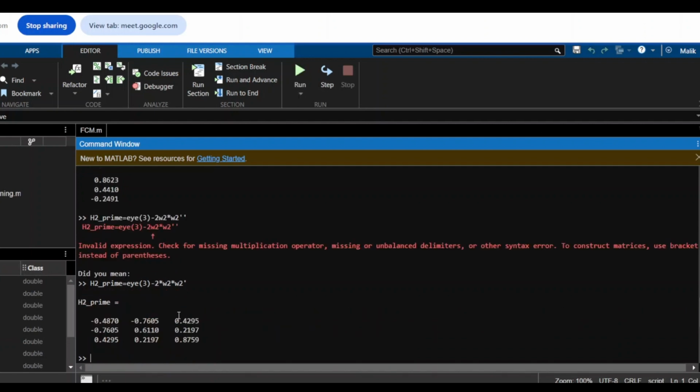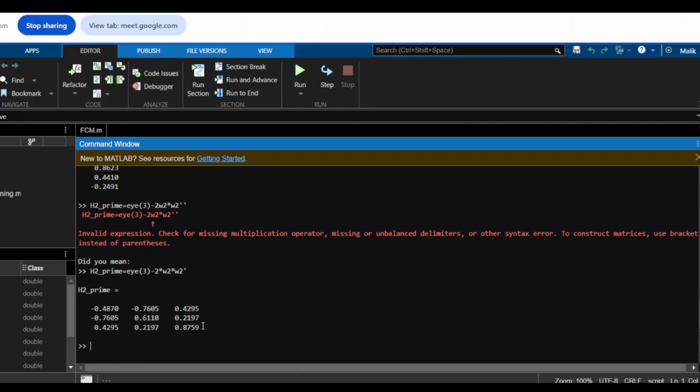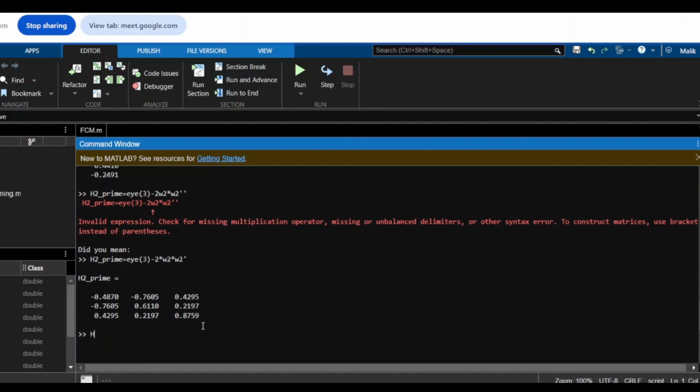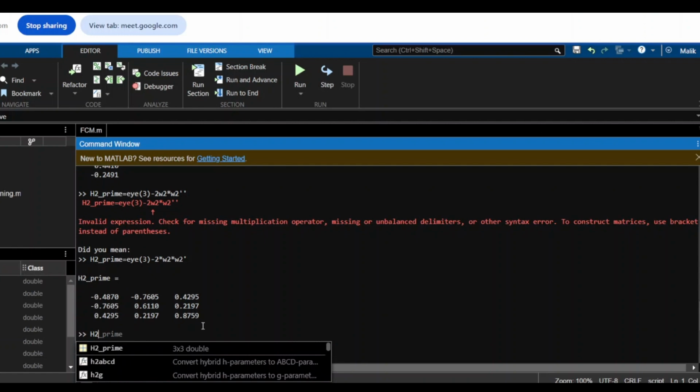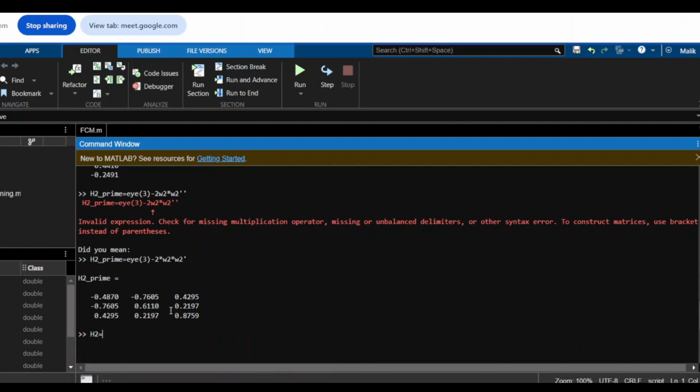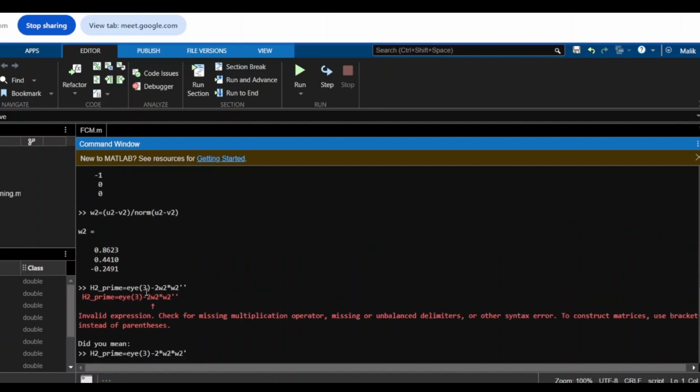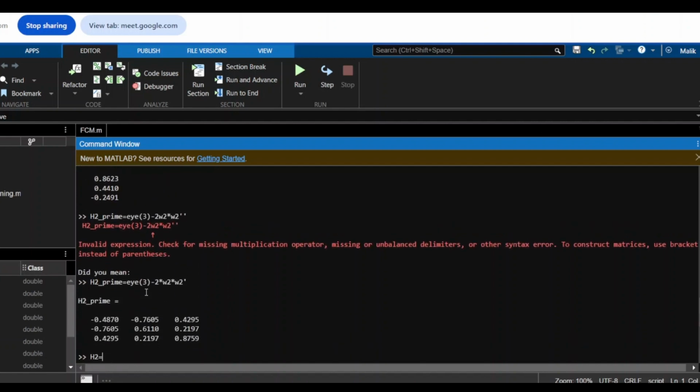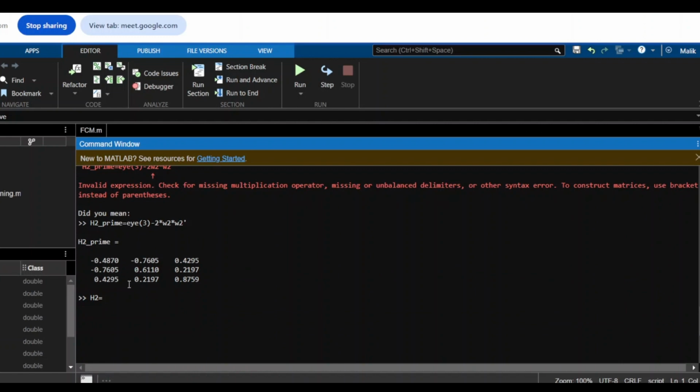Okay, this is my H2 prime. Now what will be my H2? Because our H2 should be 4 cross 4. We calculated it as 3 cross 3 because we had to take from the second entry of the second column. But to make it 4 cross 4, we know that first it is going to be identity here, then 0, and then this will be there.